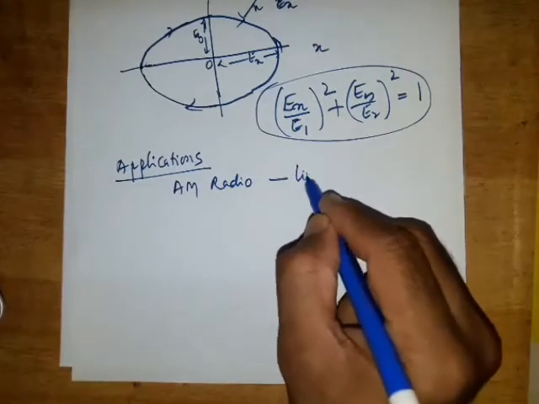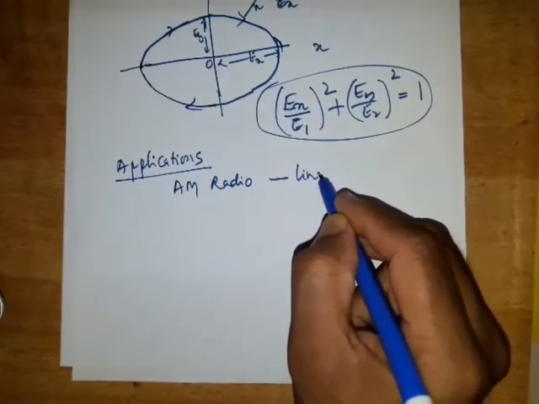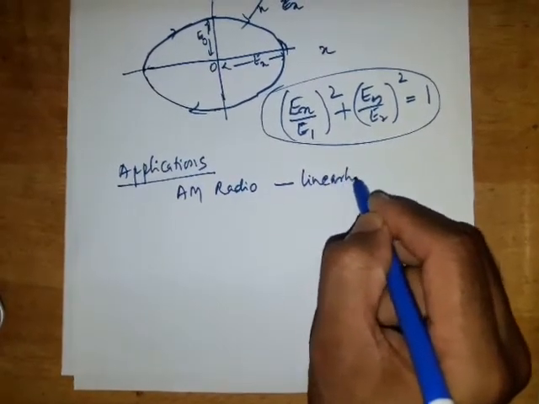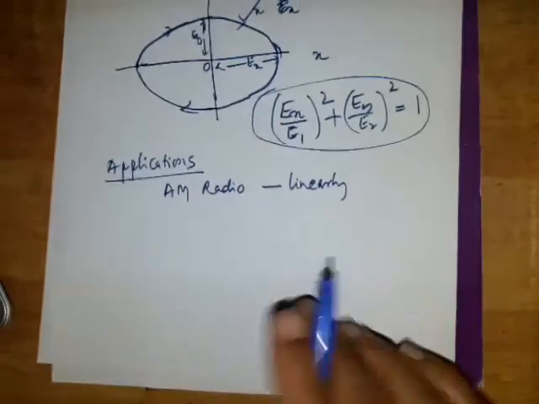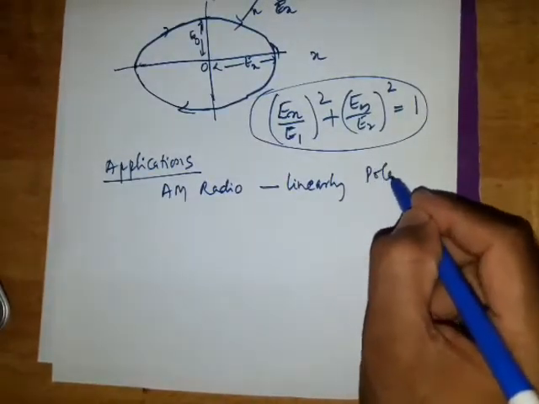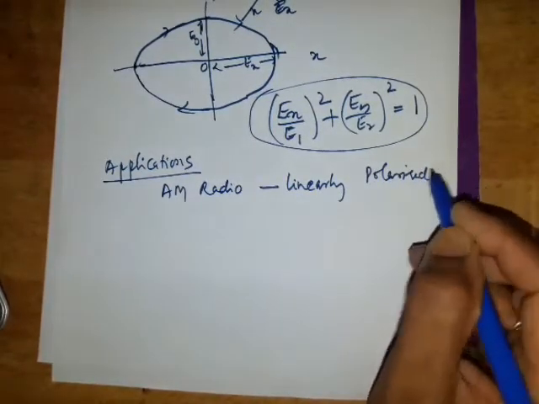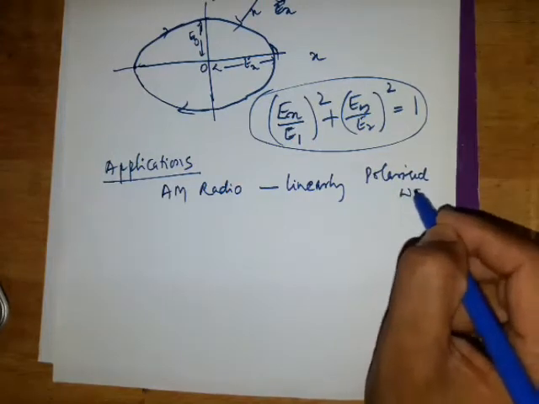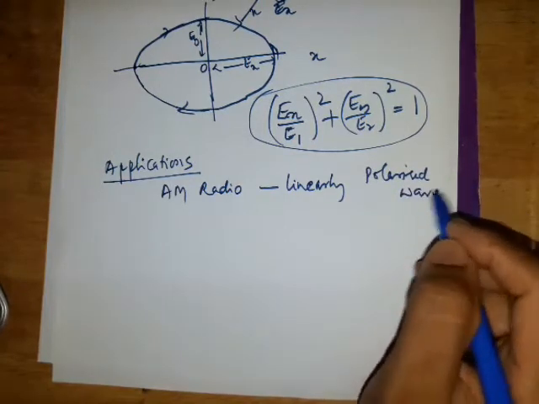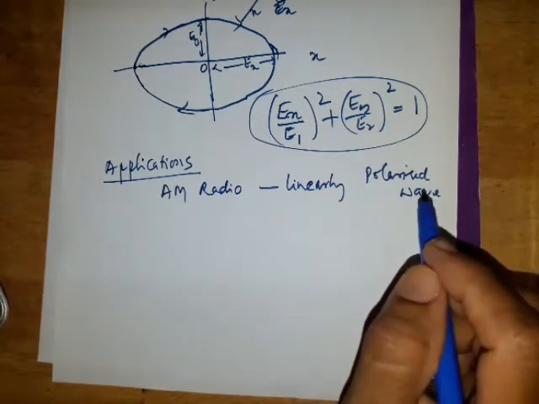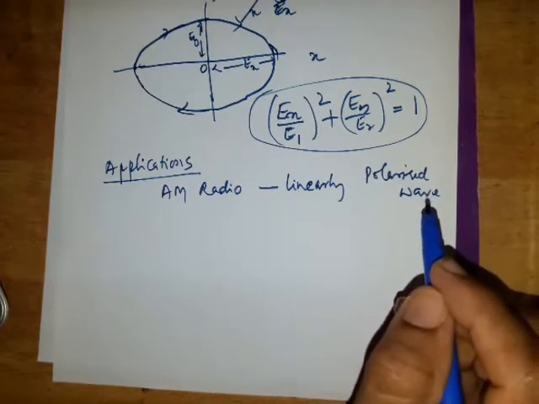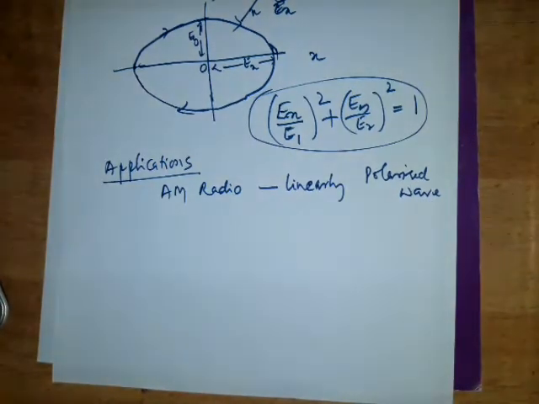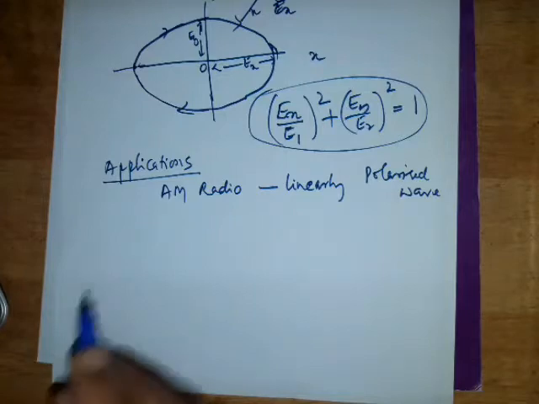Then in the case of TV signals, they are horizontally polarized waves.